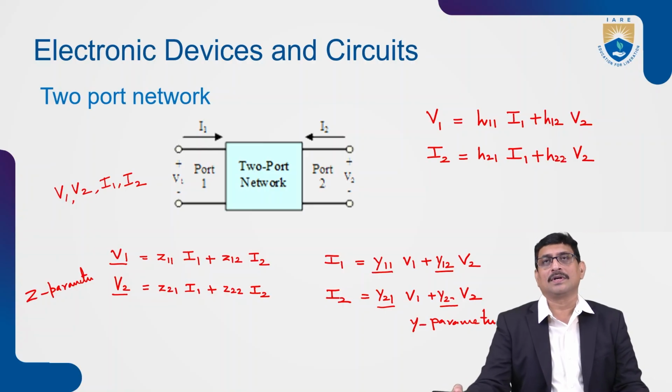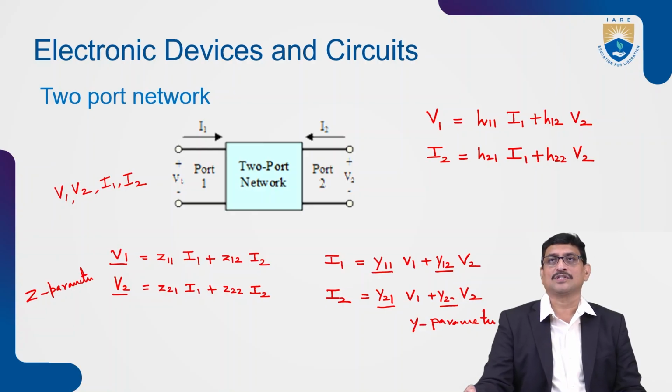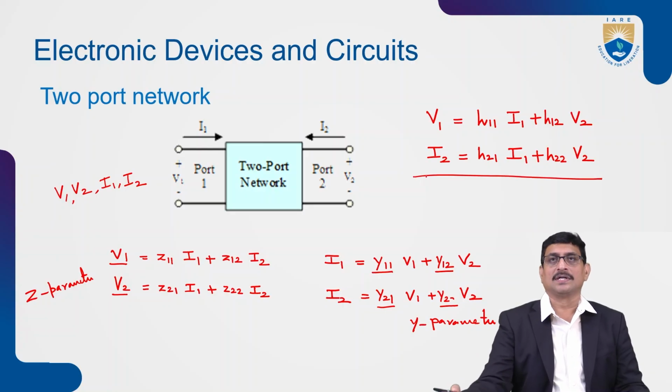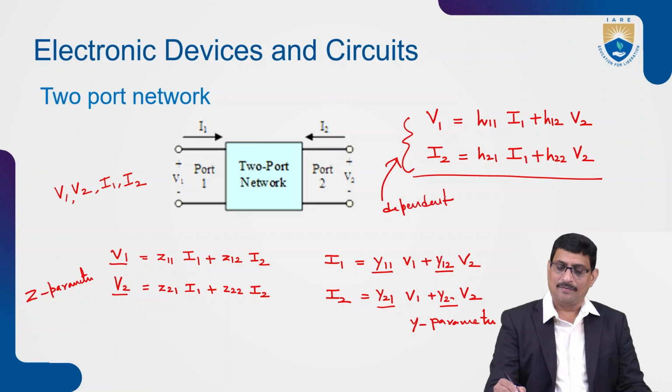So now in the case of amplifiers, the transistor for small signal analysis is to be modeled by using these H parameters, where we will consider V1 and I2 as dependent variables, whereas I1 and V2 are independent variables.